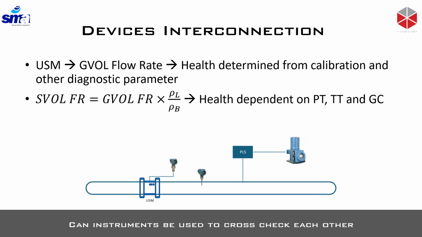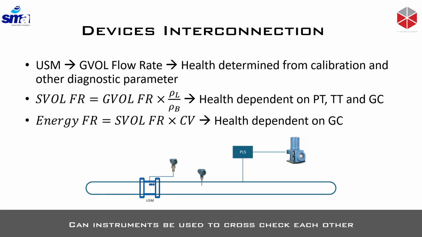So the health of this parameter is basically dependent on the pressure transmitter, temperature transmitter, and the GC health. And then following that, we can calculate the energy flow rate, which is basically the standard volume flow rate multiplied by the calorific value. And the health of this energy flow rate is dependent on the GC health.